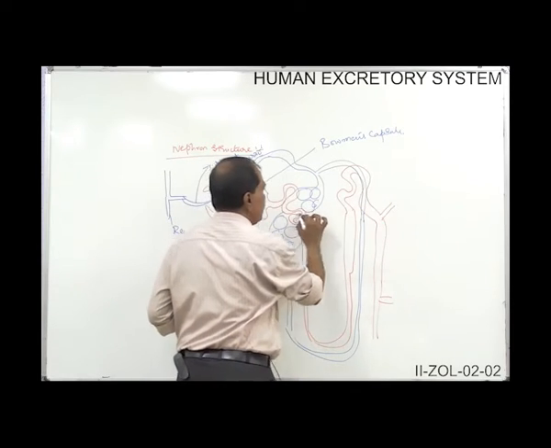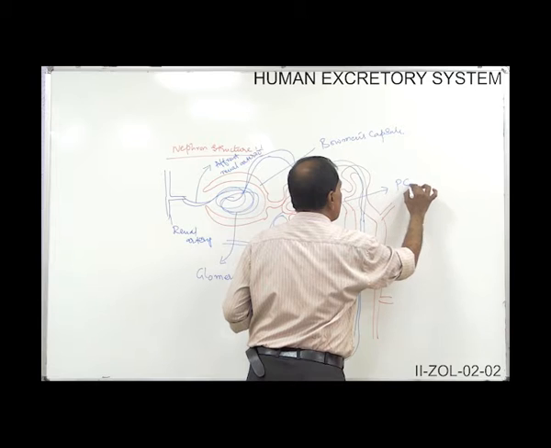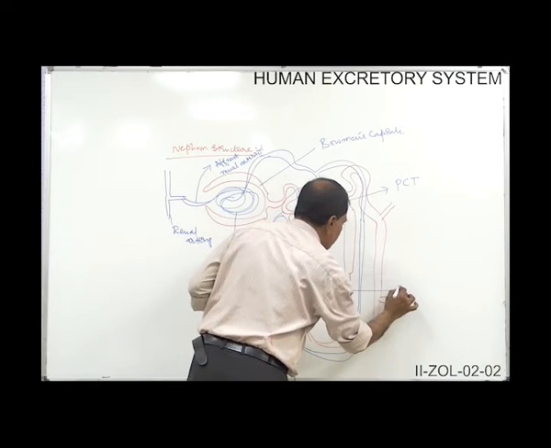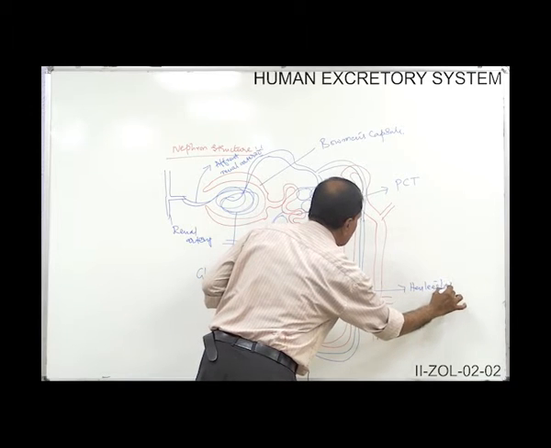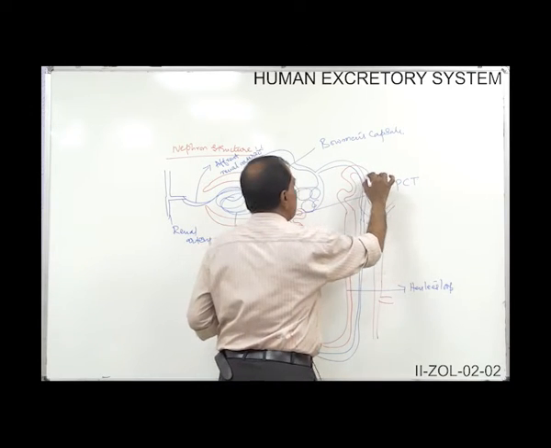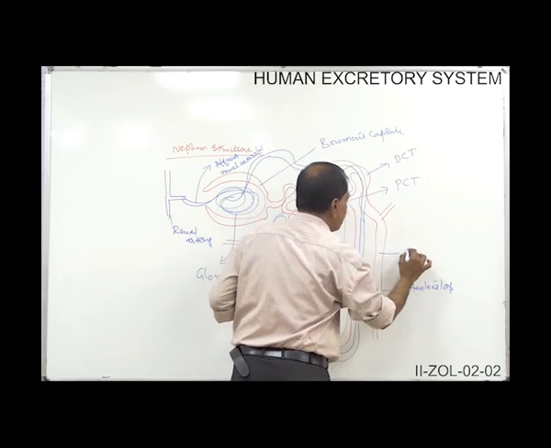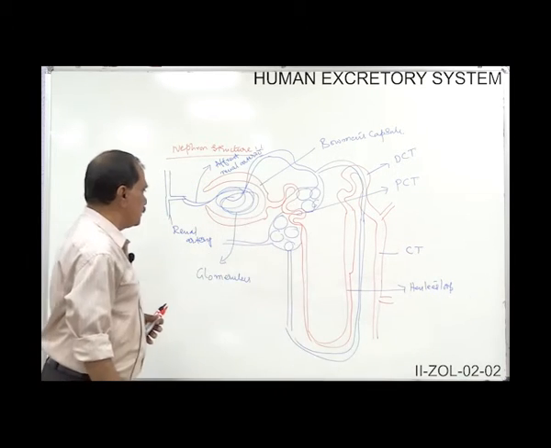The first curving is called the proximal convoluted tubule, PCT, and the U-shaped structure is called the Henle's loop. The second curving is called the distal convoluted tubule, and the last one is called the collecting tubule, that is the secondary collecting tubule.